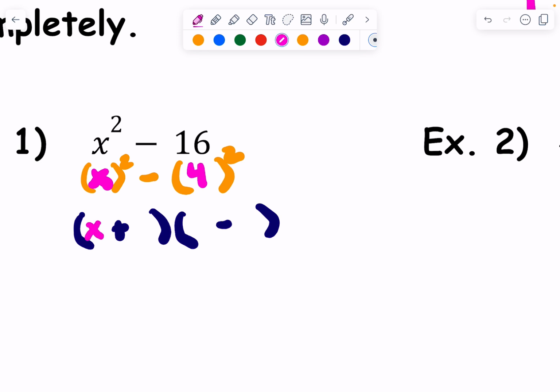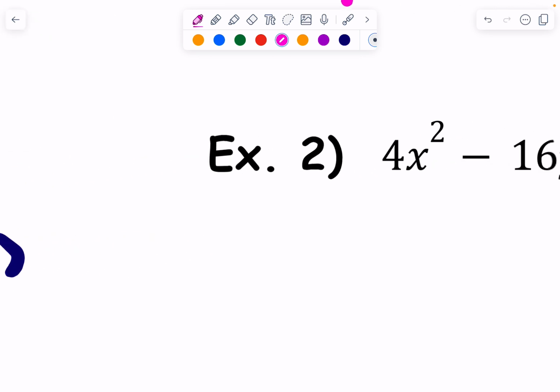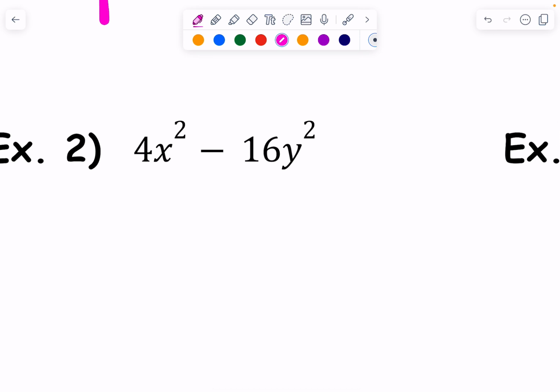And then the first term would be an x, because x times x gives me x squared. And the last term would be a 4, because 4 times negative 4 gives me a negative 16. And so that's how you're identifying that we have the difference of perfect squares, and then using the difference of perfect squares pattern.